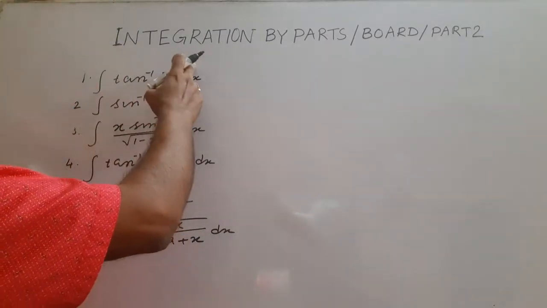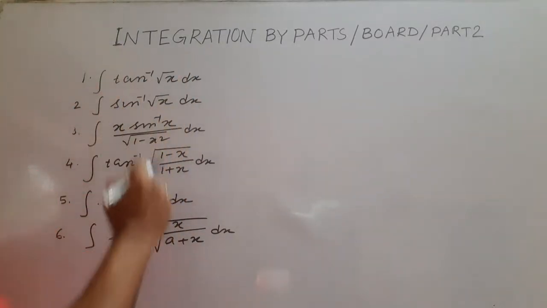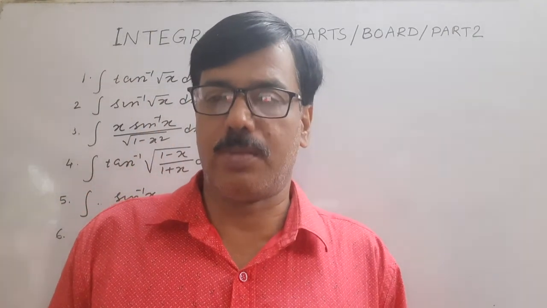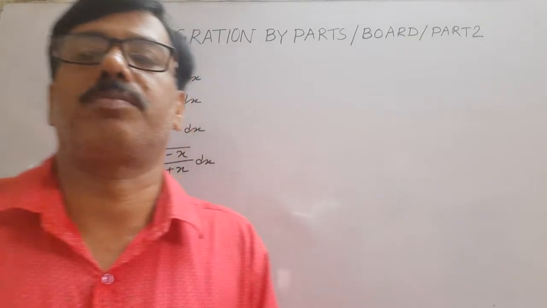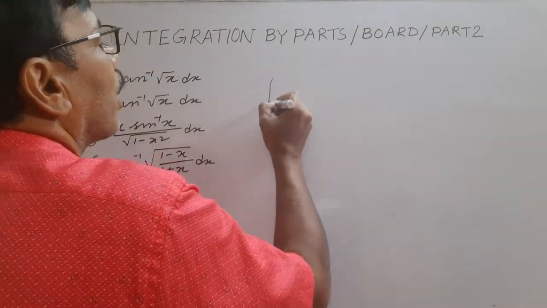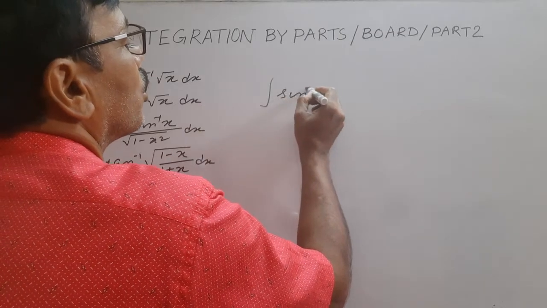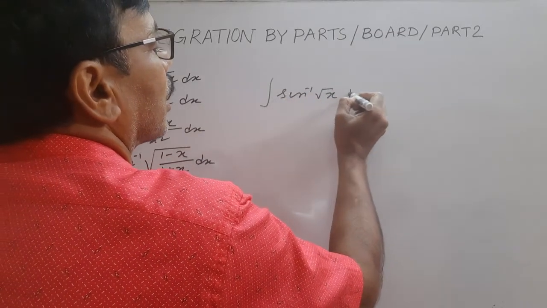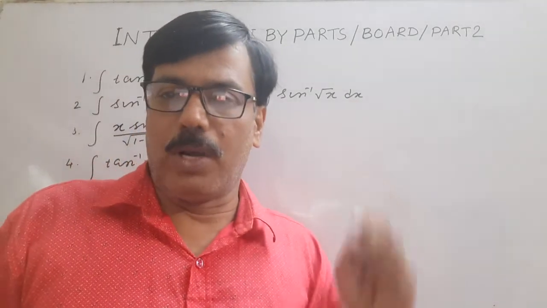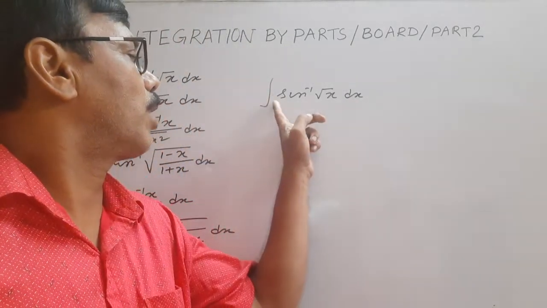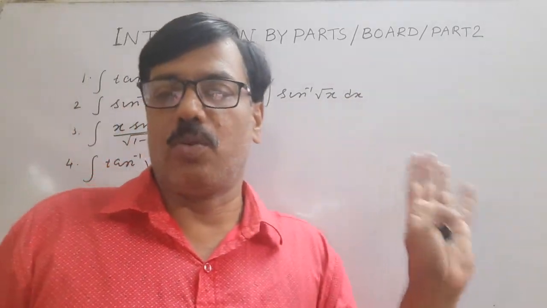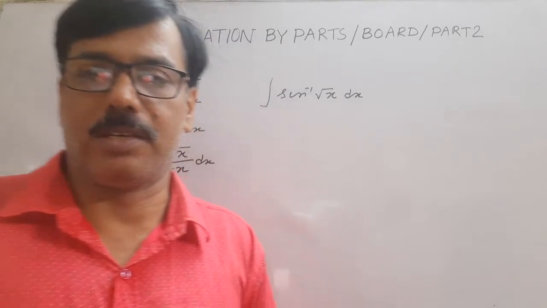Tan inverse root x, sin inverse root x, cos inverse, cosec inverse, they are of the same type. So suppose sin inverse root x dx. Only one function, you have to differentiate it, then the other one as an integrable function.